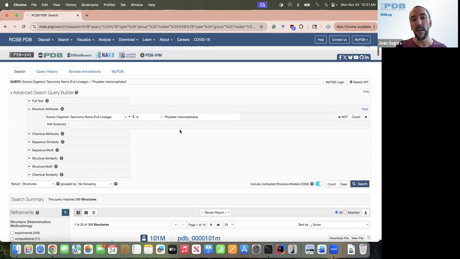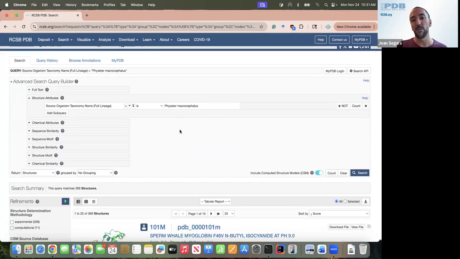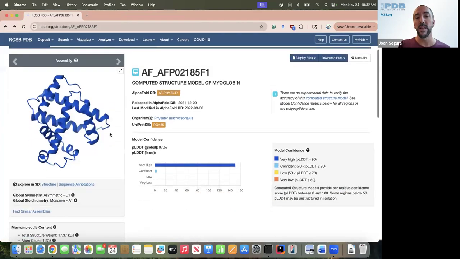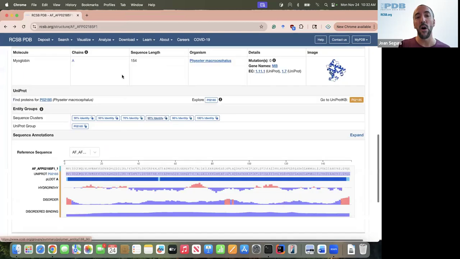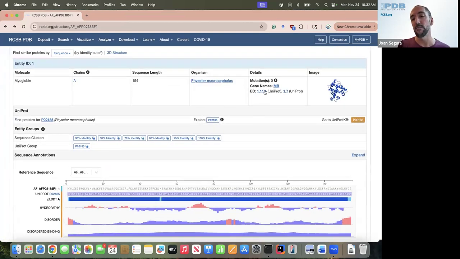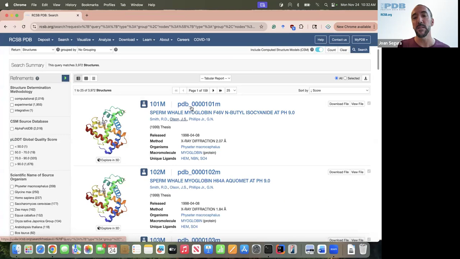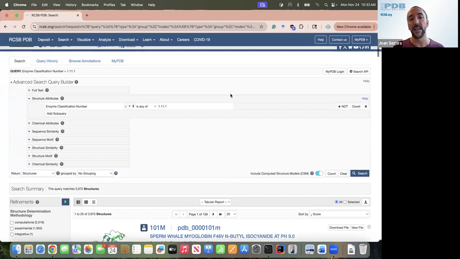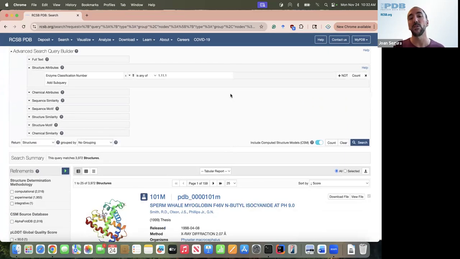When you are coming from a computed structure model, the option for including other computed structure models will always be available. This is different if this was an experimental entry, where if I use, for example, search by enzymes, the computed structure models won't be active, but it is on in the case that you are coming from a computed structure model.